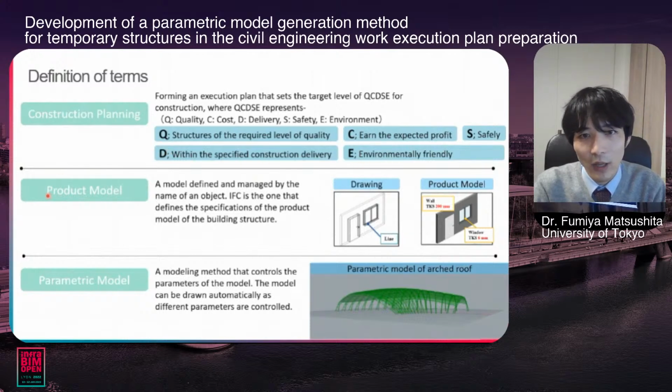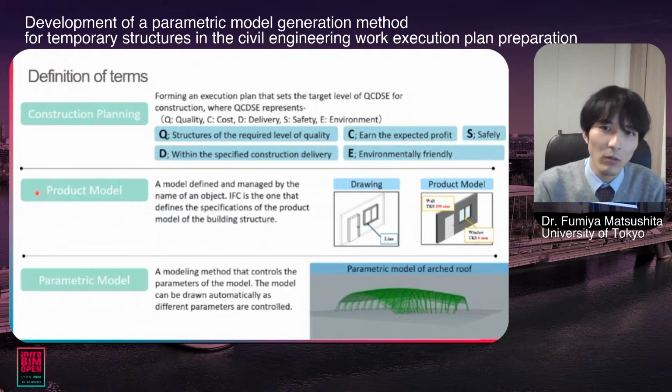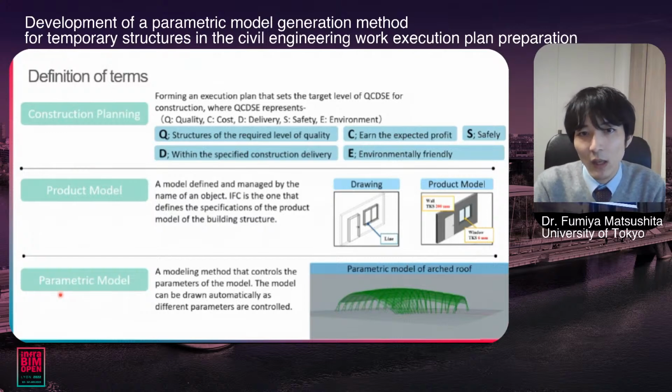and the next term is the product model. As you all know, the product model is an object-oriented model such as IFC. A parametric model is a type of modeling method that allows you to automatically create a model by controlling parameters of the model.